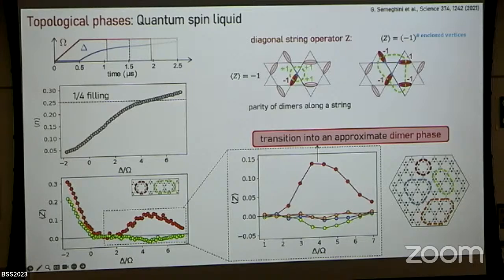So here you're taking a snapshot. Every time you take a snapshot, you're averaging over different locations of the loop, and then you're averaging over many, many shots. And the reason these expectation values look bad, but actually the state preparation is not that bad, is this kind of observable is very unforgiving, because if you have just one error, your expectation value just flips.